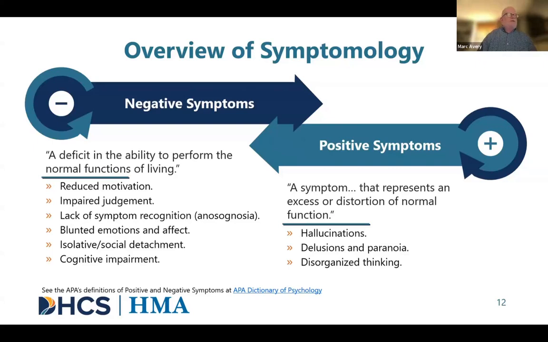But in general, the positive symptoms of schizophrenia tend to stand out, especially when someone is in an acute phase of their illness. For instance, if somebody is responding to external stimuli by shouting in the street or expressing delusional or paranoid thoughts. The negative symptoms, on the other hand, tend to be less dramatic and can be even missed by clinicians and caregivers.